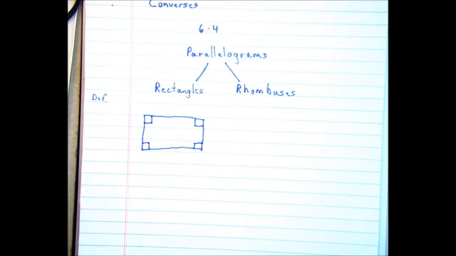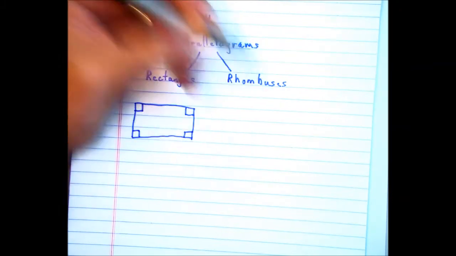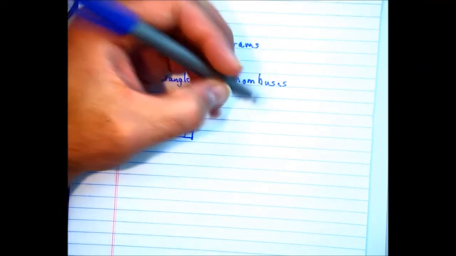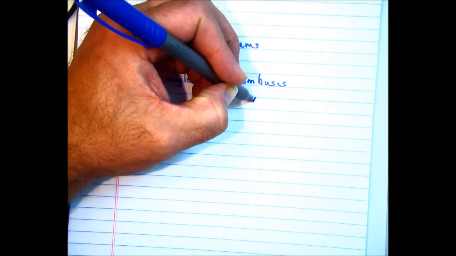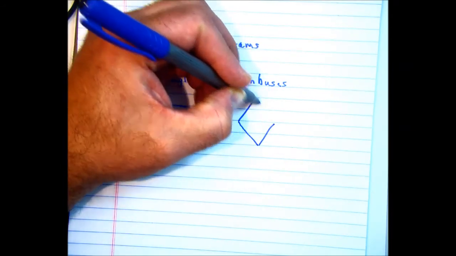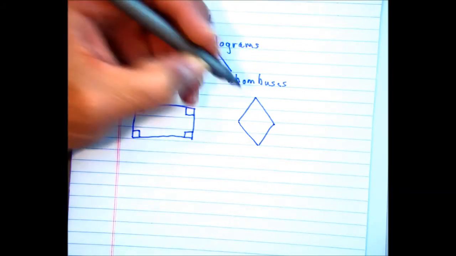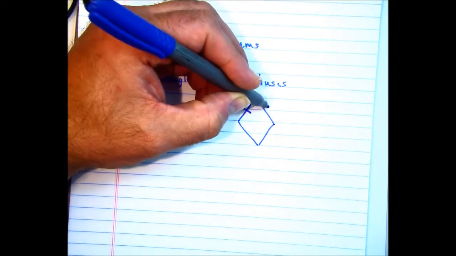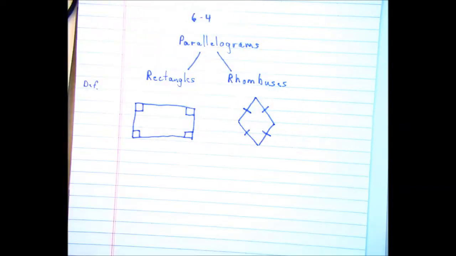Four right angles. Okay? And then you have the definition of a rhombus. And anybody want to take a guess at what a definition of a rhombus is? I am hoping that you said four congruent sides.